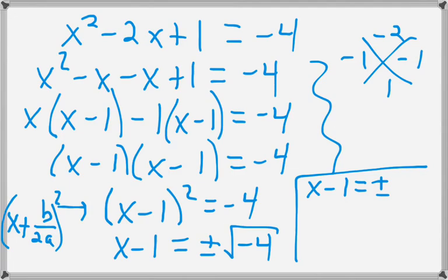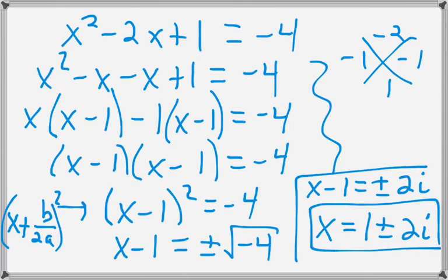So it's i times the square root of 4, and the square root of 4 is 2. Then we'll add 1 to each side so that we solve for x. So we get 1 plus 2i and 1 minus 2i for the solutions.